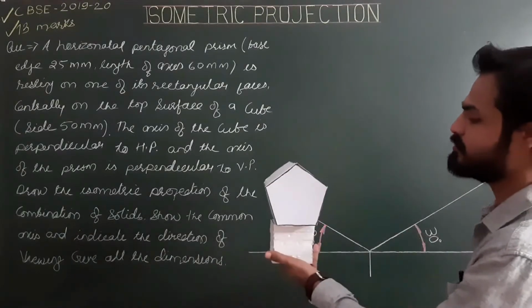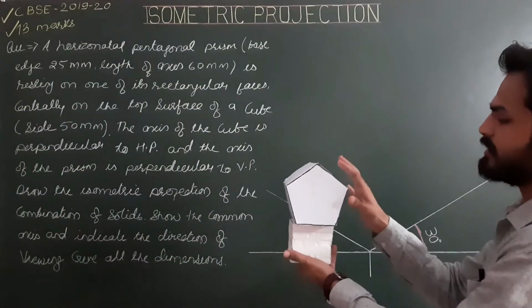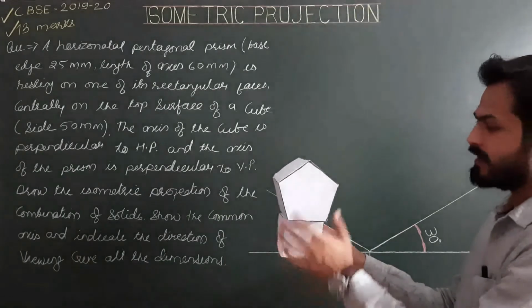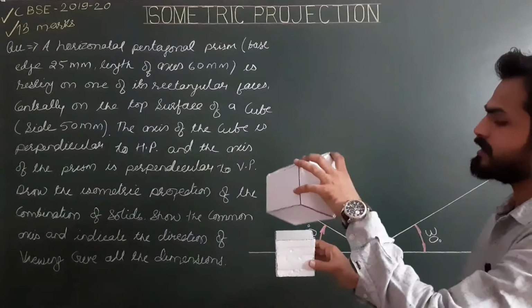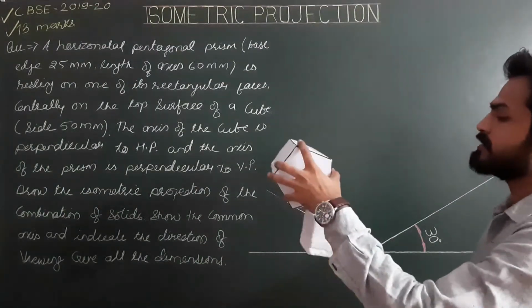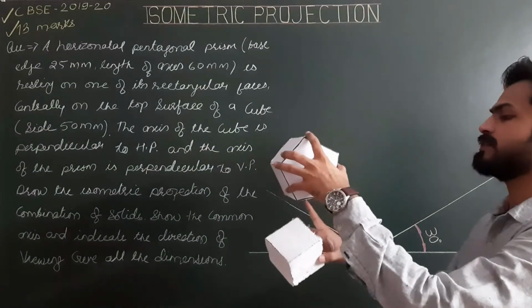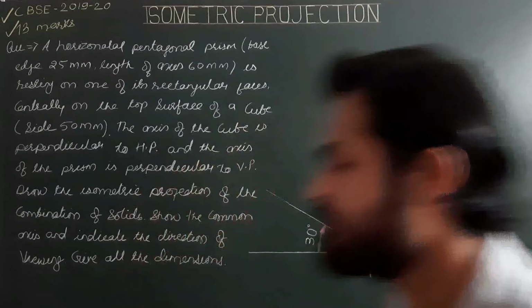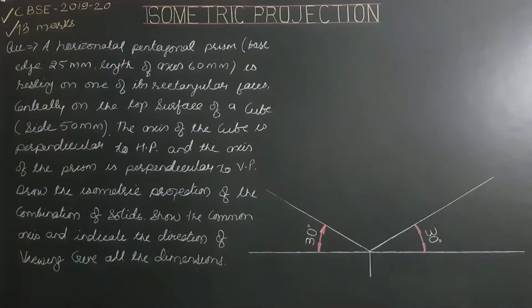So this is the final position. Here first we have to project the cube and then locate the center of its upper surface, and then from that point we will start the projection work of this prism. So we will start from the projection of the cube.